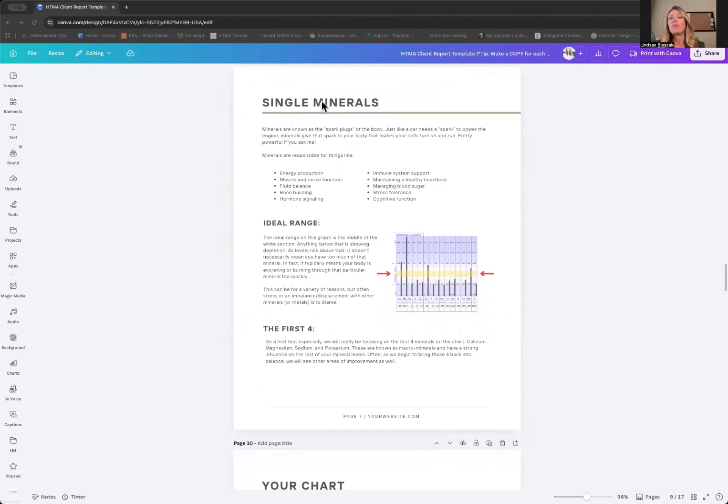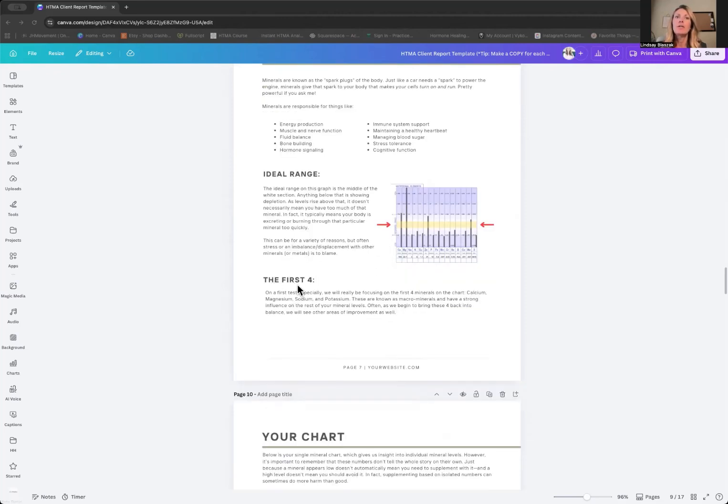Just again, showing them what they impact, what we're looking at, because we would have discussed this, but sometimes it's nice to just have a refresher, whether you're walking through it with them or they're reading it themselves. Just these high level overviews that are very simple can make a really big difference.